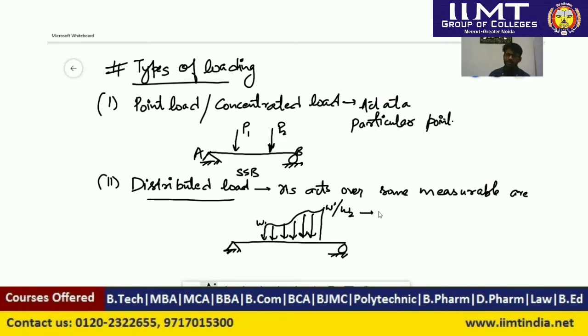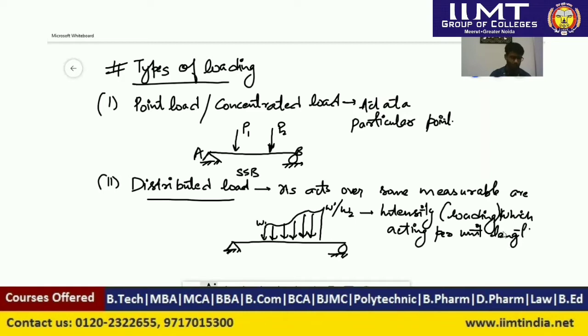In this type of load we generally have to calculate the intensity, or loading, which is acting per unit length. So in case of a distributed load, we measure intensity or loading as the load acting per unit length, that is, W per unit length.